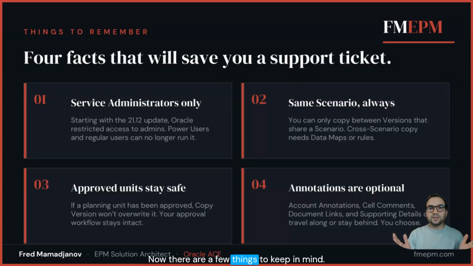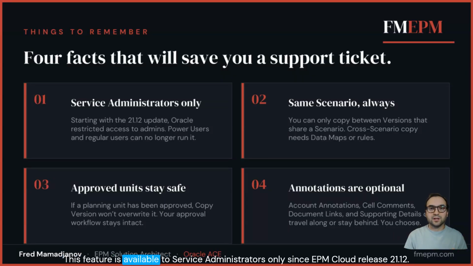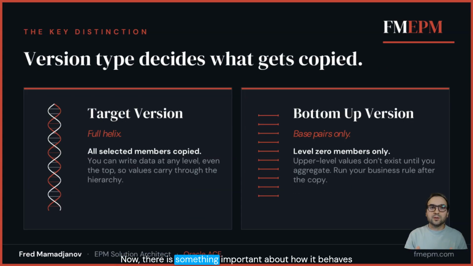Now, there are a few things to keep in mind. This feature is available to service administrators only since EPM Cloud release 21.12. You can copy between versions within the same scenario. Now, there is something important about how it behaves depending on the version type, as I mentioned before.